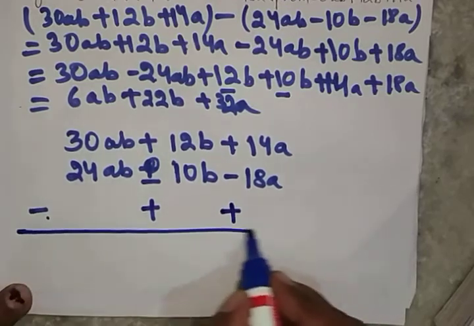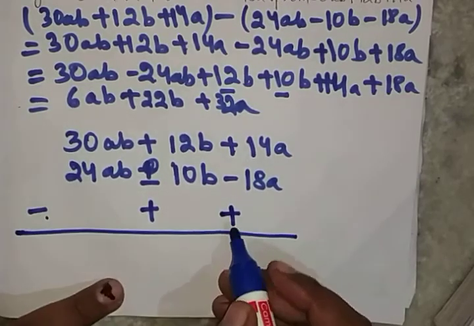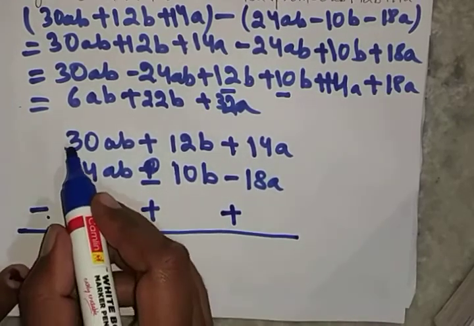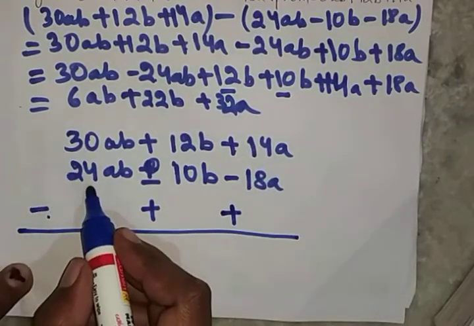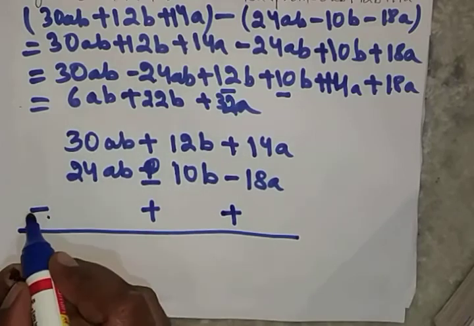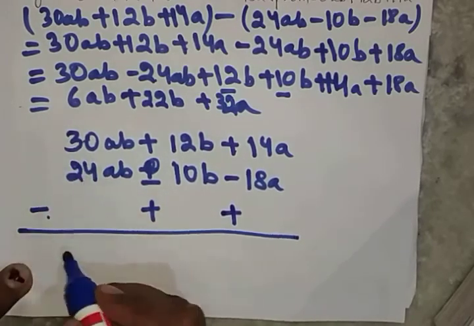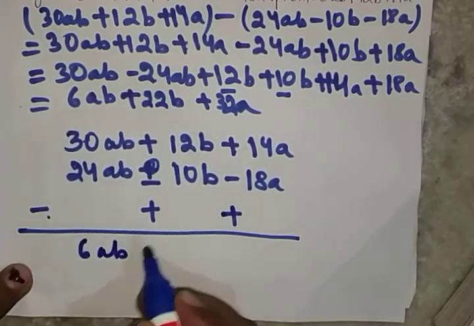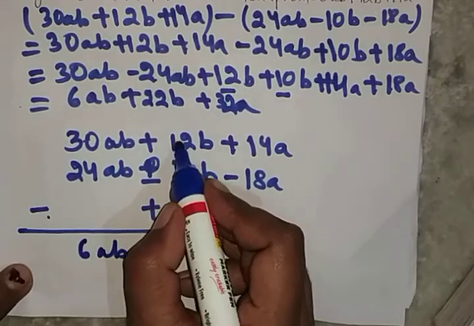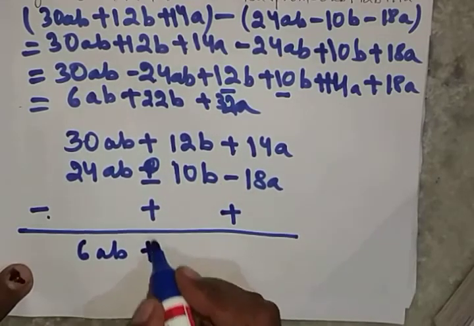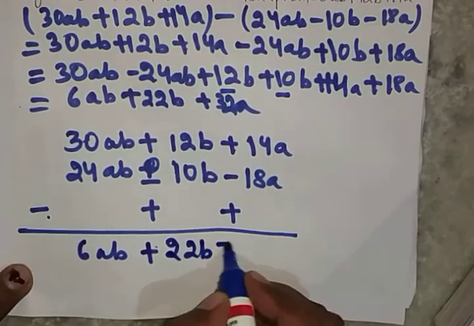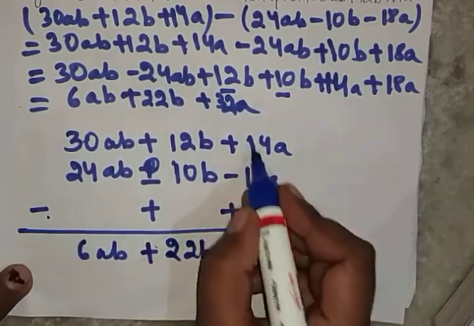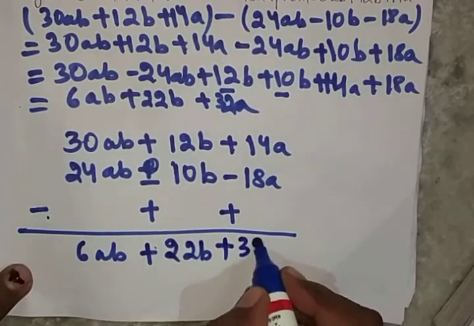Now, we'll write here 30 minus 24, here minus is there, so 30 minus 24 is 6AB. Here plus is there, so 12 plus 10, plus 22B, plus 14 plus 18, how much? 32A.